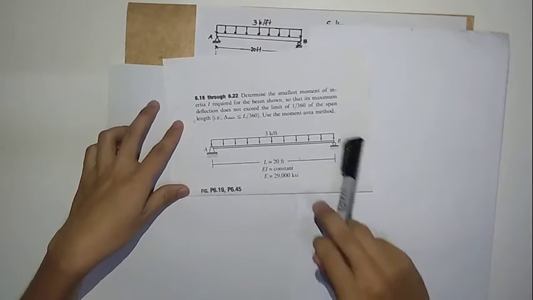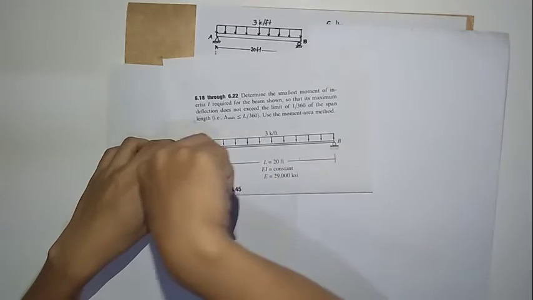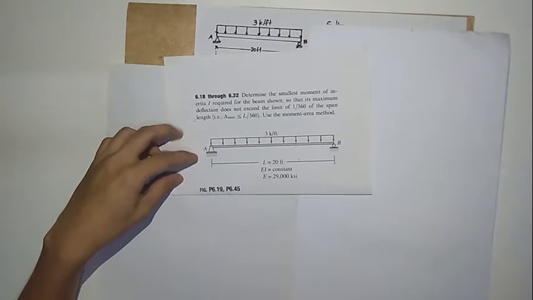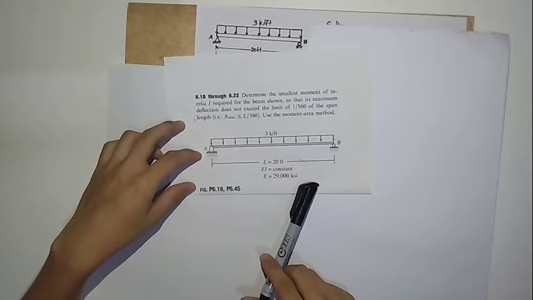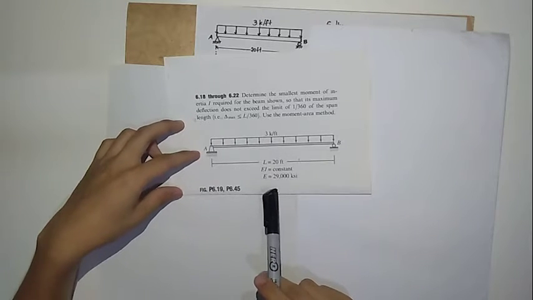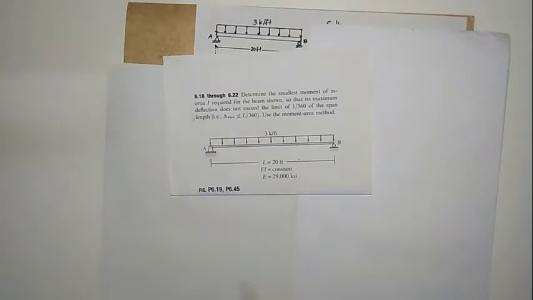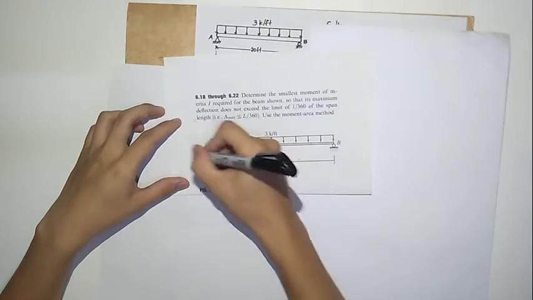So, sa figure na ito, makikita natin na may pin at saka roller na may uniformly distributed load sa beam na 3 kips per feet. Na ang length niya ay 20 feet at saka ang EI is constant and ang E ay 29,000 KSI. So, alam natin na ang reaction dito sa pin ay may dalawang reaction.